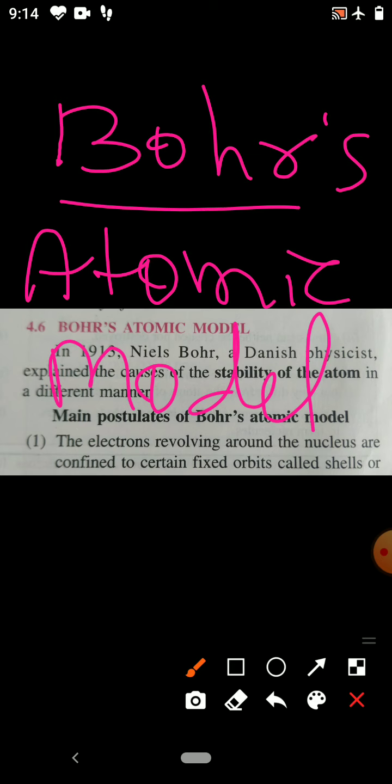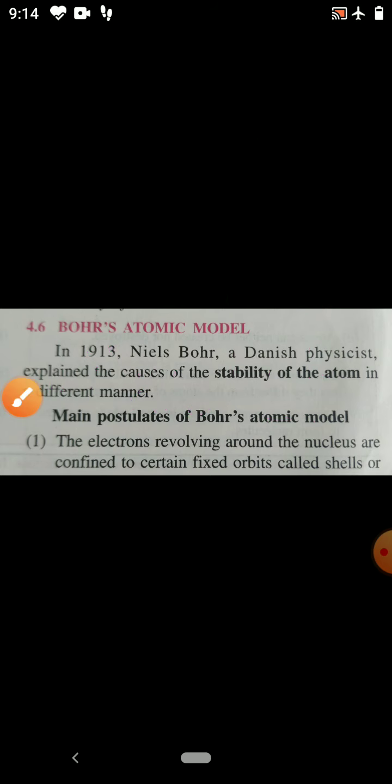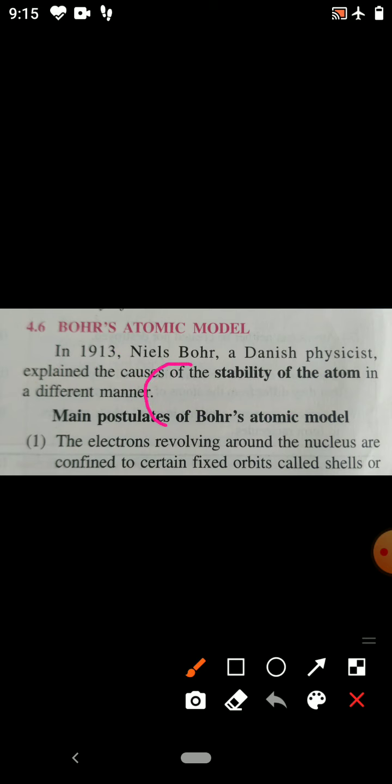According to Bohr's atomic model, electrons revolve around the nucleus in a fixed orbit. So there is the nucleus of the atom. In the nucleus, positive charge particles, protons, are present.